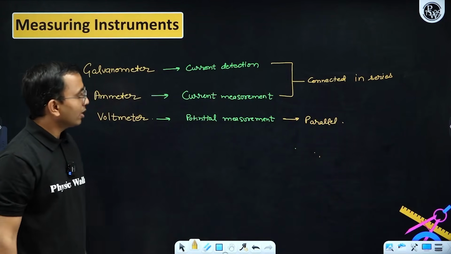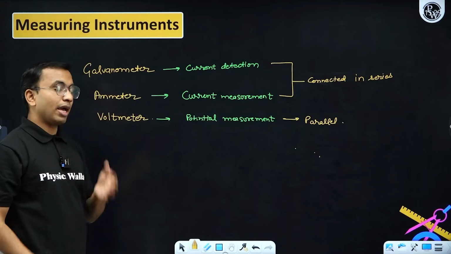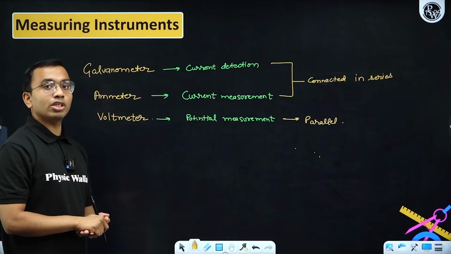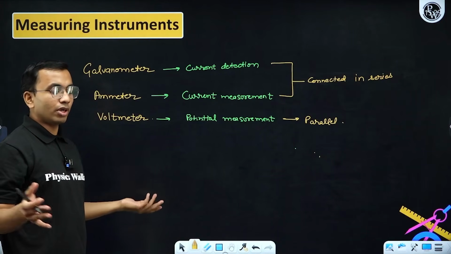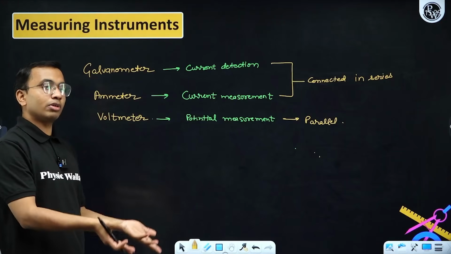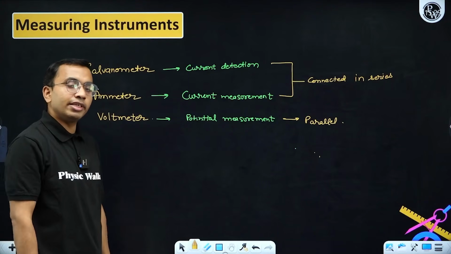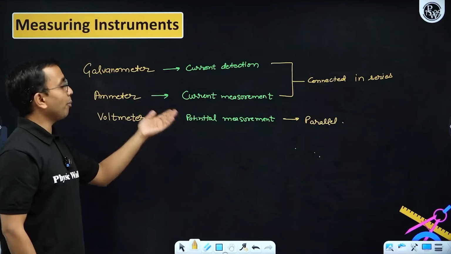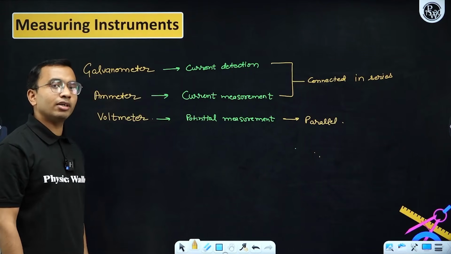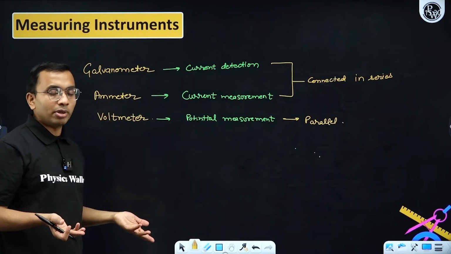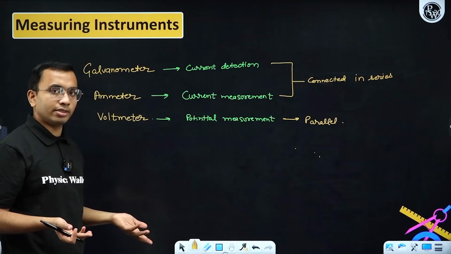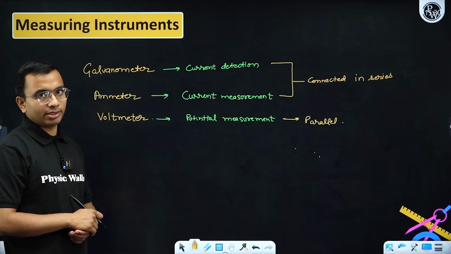Now voltmeter is connected in parallel to measure the potential, but connecting that voltmeter itself can change the reading, isn't it? Like connecting an ammeter will change the reading of the circuit, because ammeter will also have its resistance. Voltmeter will also have some resistance.